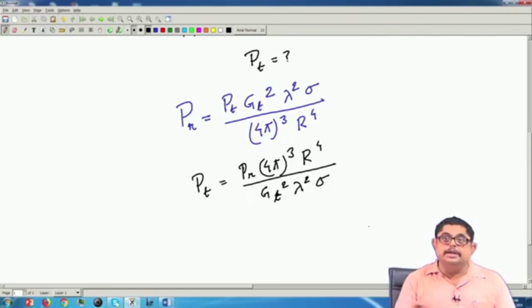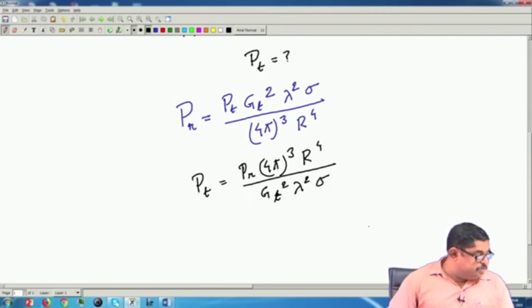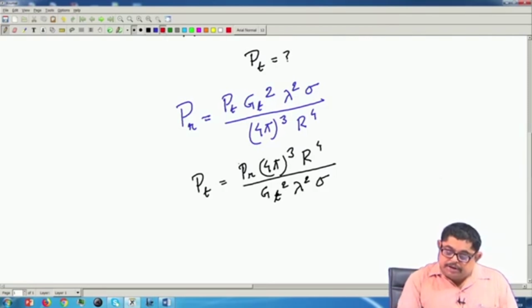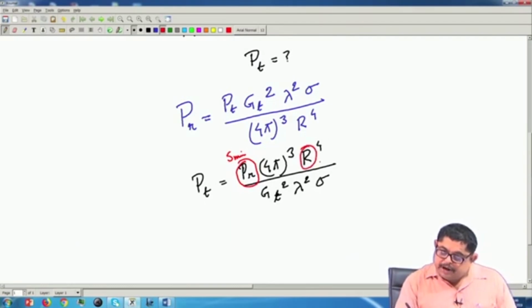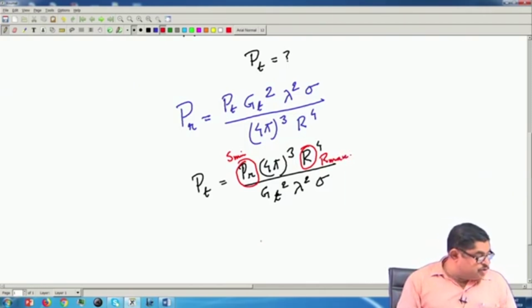So, that is nothing but S min, which is given. So, if we put in place of Pr the S min, then we will have to put in place of R the R max. Both these values are given, so that will do.